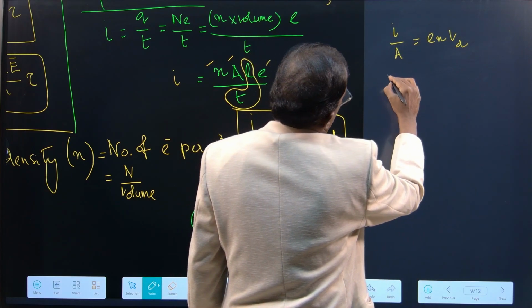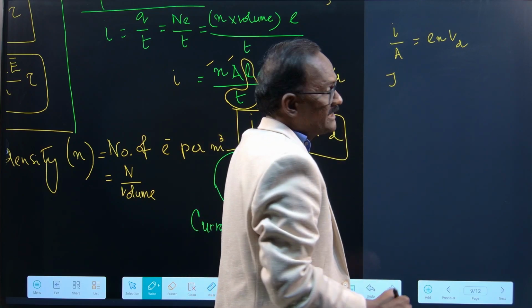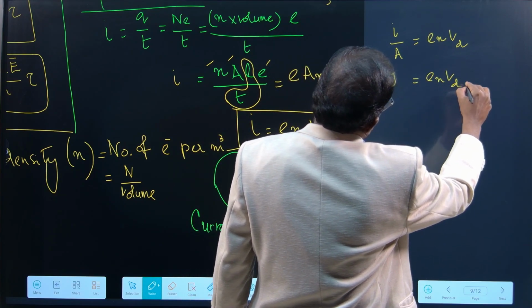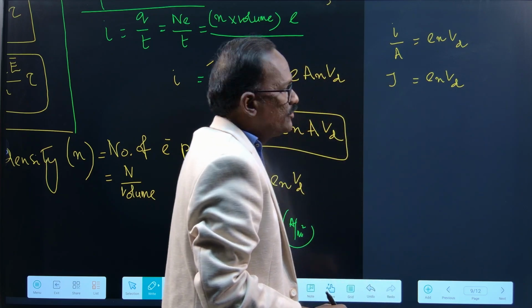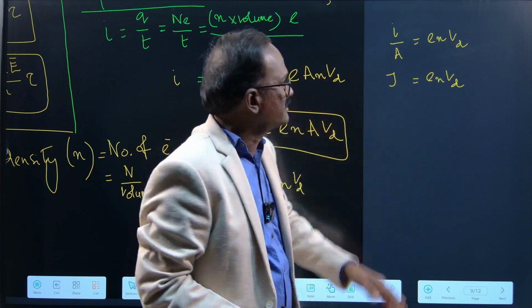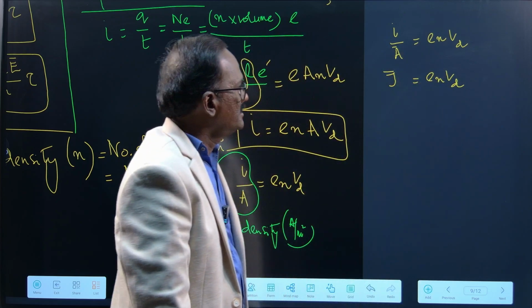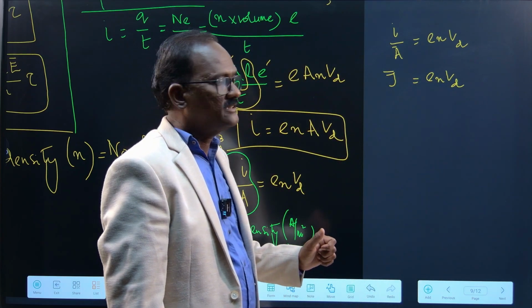This is current density, J is equal to n e Vd. We know area is a vector, so this is also a vector.